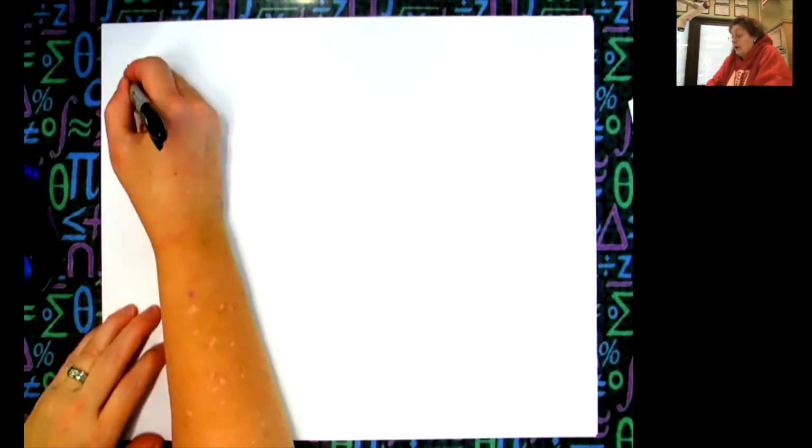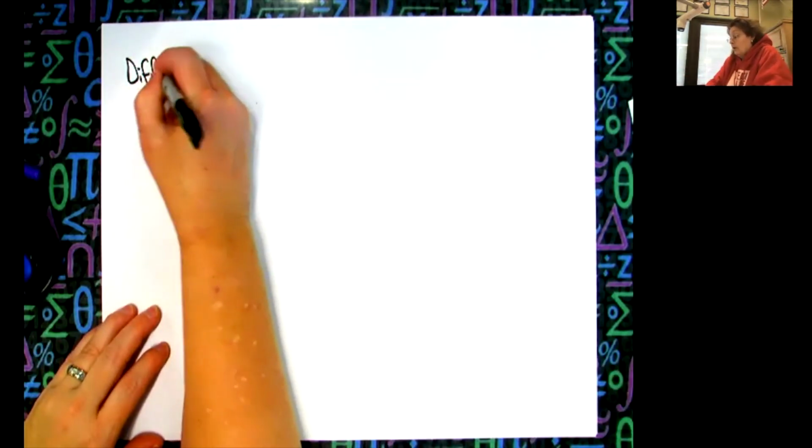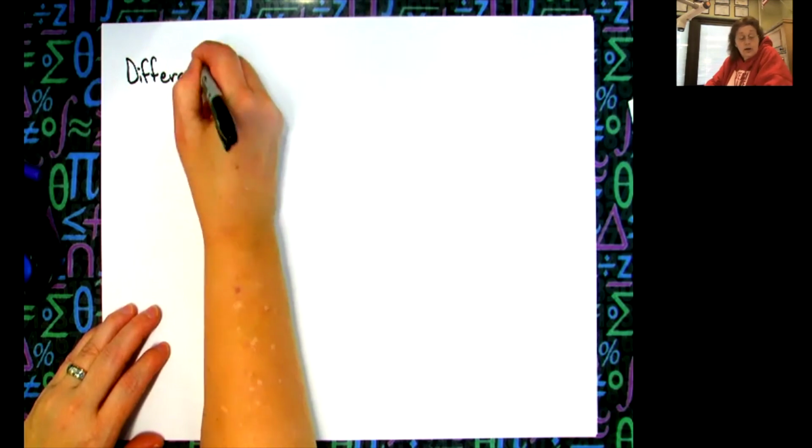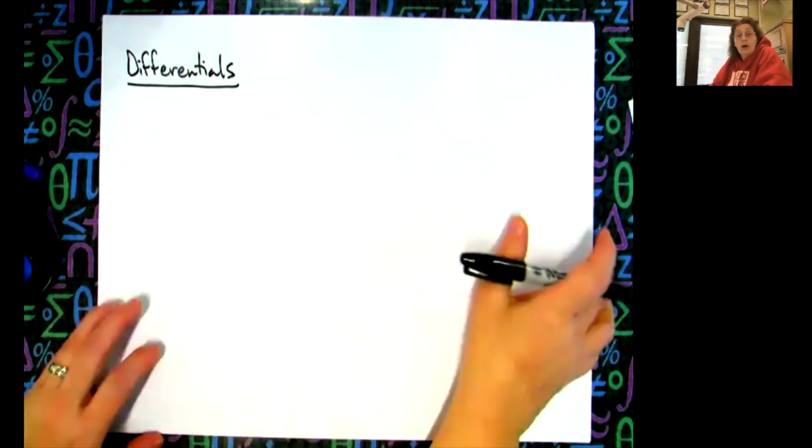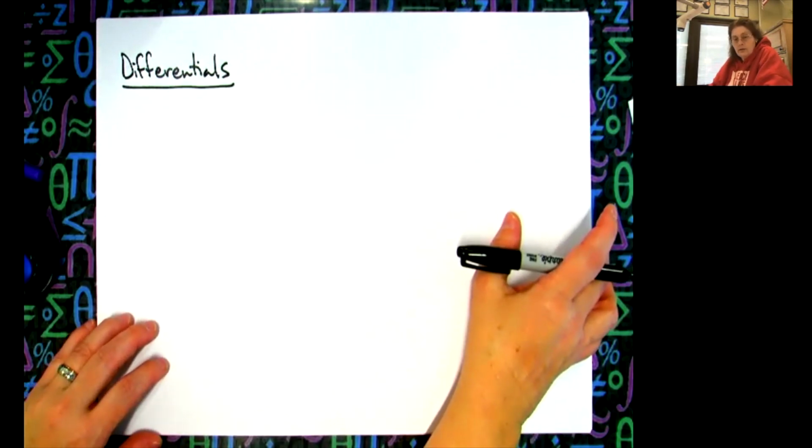Now, like I said, this is not going to be an official long thing. I just want to get this word out there for you, with a little definition, and it's a very easy concept.